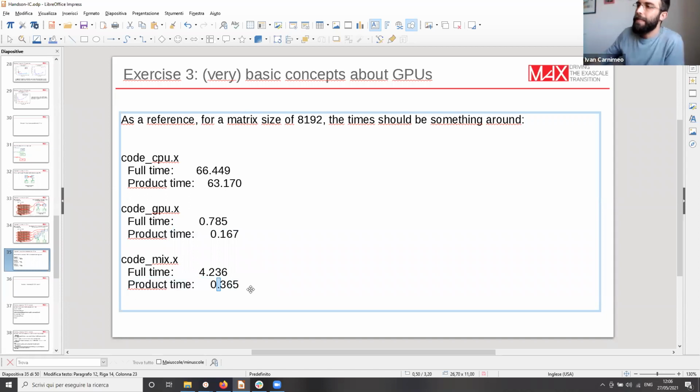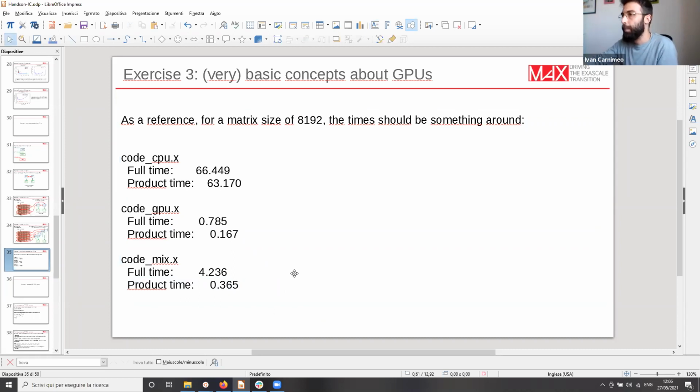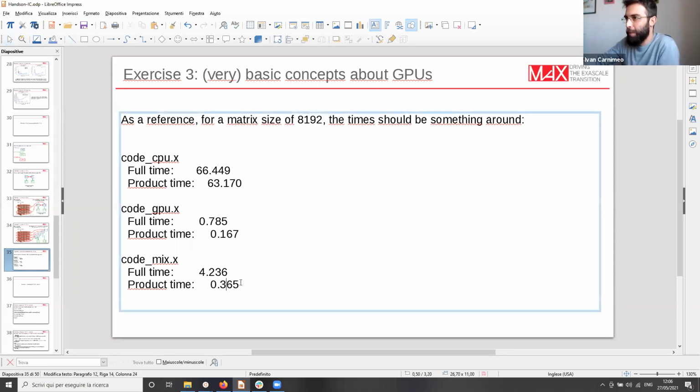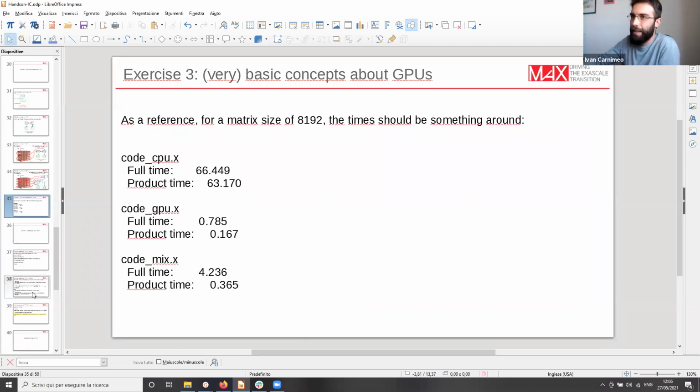So here, but also in Quantum Espresso, we are not getting the ideal time but something worse, because we have to consider communications. And beyond communications among MPIs, when working with GPUs we also have offloading. So MPIs have to move data to the GPU memory. Anyway, we see that from 63 to 0.3 is still a huge computational speedup.